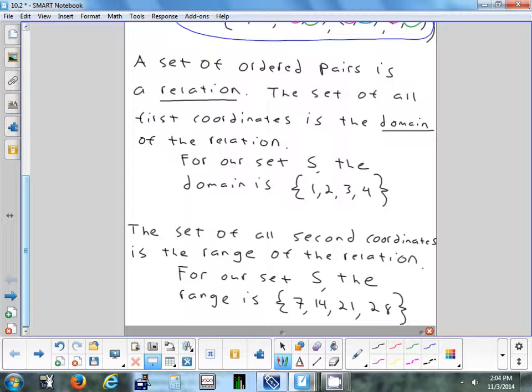Maybe that means Jack works on Monday. Carl, comma, Tuesday. Means Carl works on Tuesday. Whatever your first thing is, whether it's a number or a name, that's your domain. Whatever the second thing is in your coordinate, that's your range. Everyone understand it could be more than numbers?